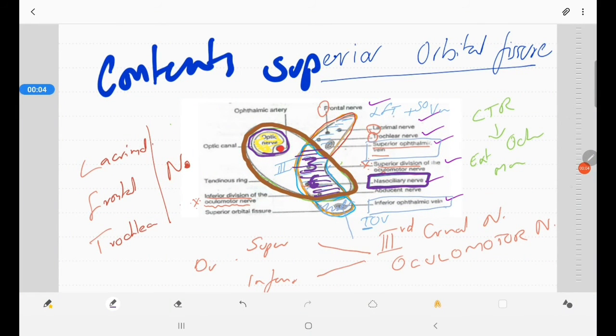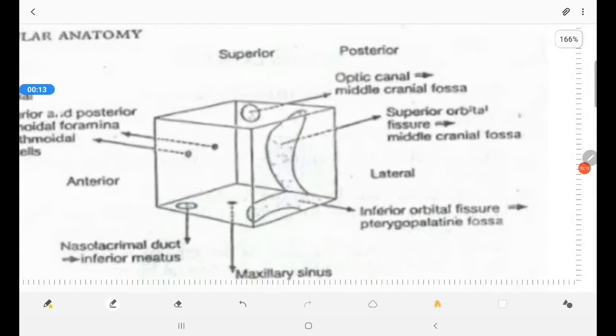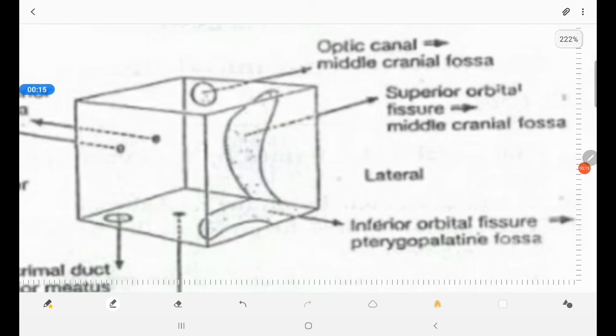So we have discussed only the superior orbital fissure here. I hope you remember from the diagram that this is the superior orbital fissure. This is the orbit we learned. Now this superior orbital fissure is divided by the common tendinous ring in this way.